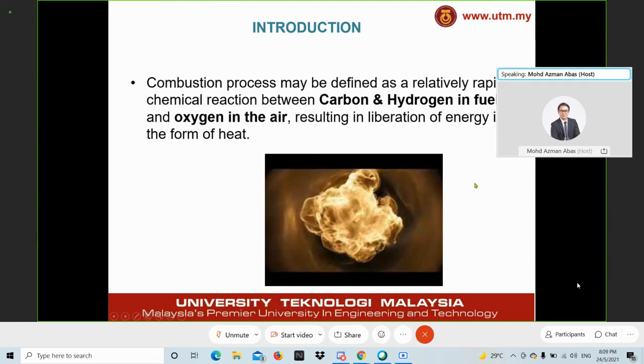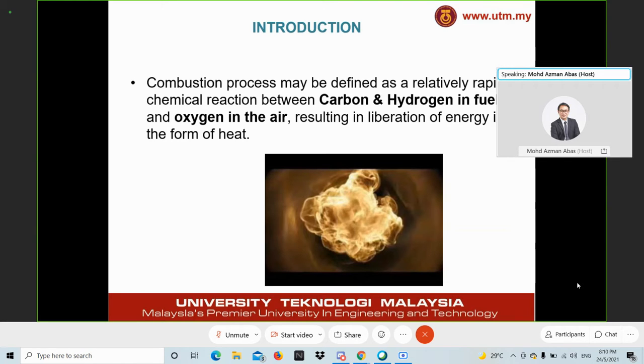So combustion process in general may be defined as a relatively rapid chemical reaction. In other words, in layman terms, it's an explosion, between carbon and hydrogen, which is present in the fuel or petrol, and of course, as everyone knows, we require oxygen for it to burn.